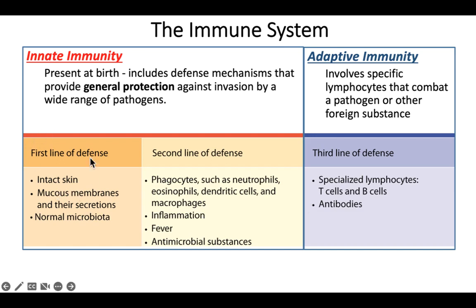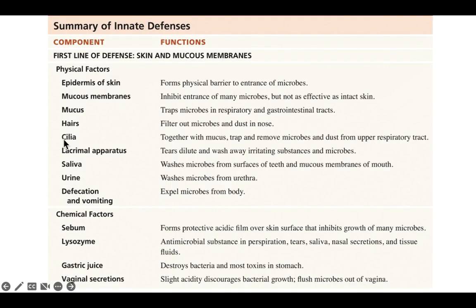So we're going to start with the first lines of defense. This is just a list, and I'm probably not going to read through every single one of these, but what these all have in common is they form some type of barrier. It could be a physical barrier, it could be a chemical barrier, but these all, in one way or another, can help to prevent a microbe from getting into your tissues, getting through the skin or through a mucous membrane.